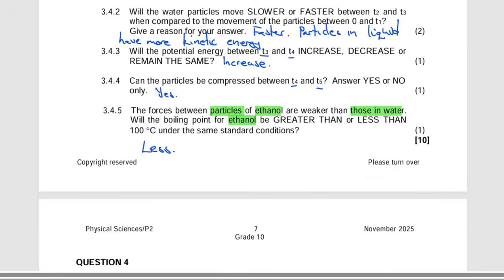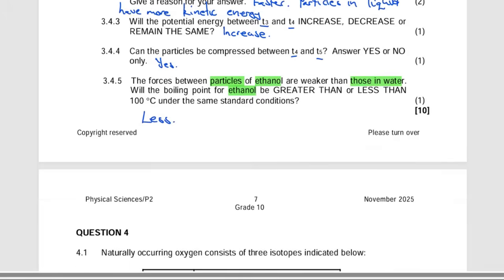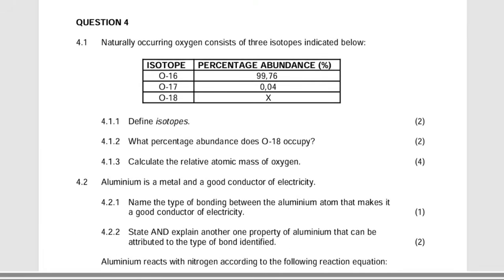Then now moving on to the next question, which is question 4.1. Naturally occurring oxygen consists of 3 isotopes indicated below. We need to know what an isotope is to be able to answer these questions.